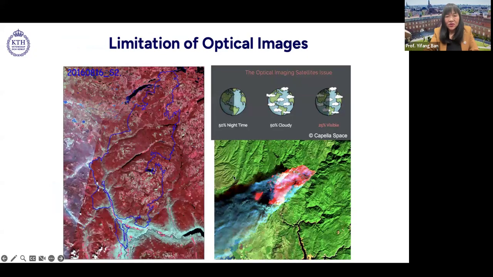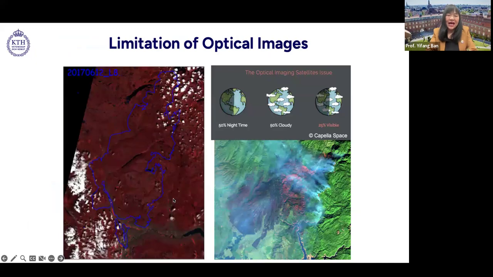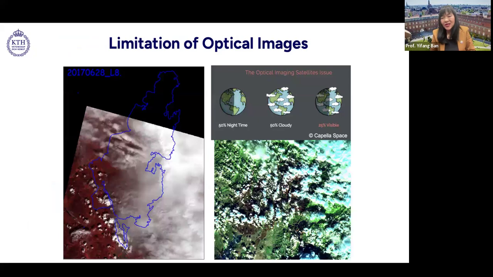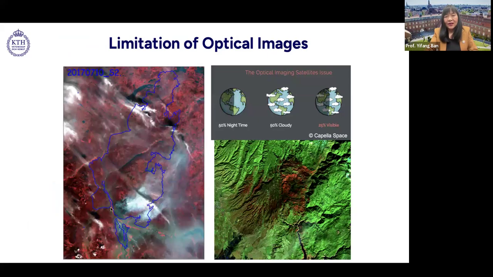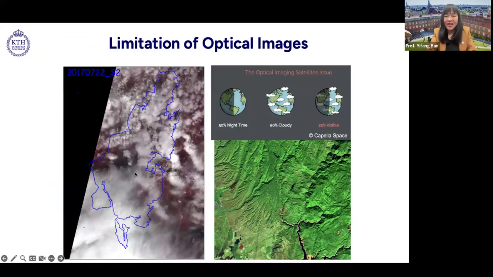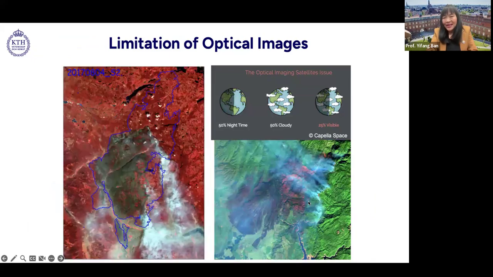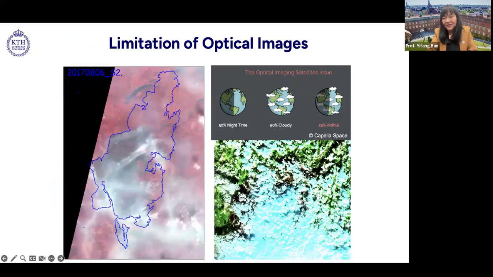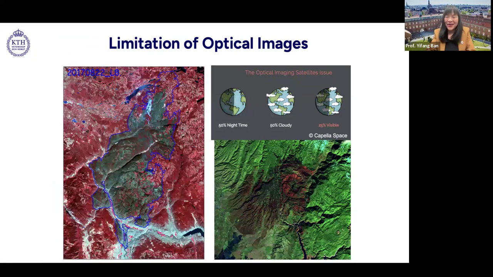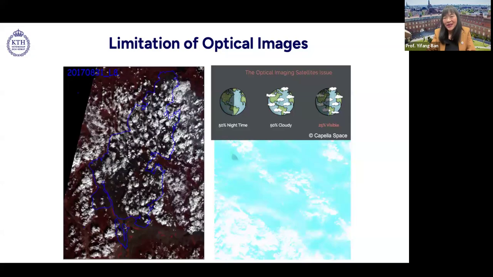I just want to show the usefulness of radar. Of course, with Landsat and Sentinel, burn areas are easily detectable, but unfortunately, you have a lot of clouds in boreal environments, Canada, Sweden. And on the right-hand side, you actually see a California fire. I actually thought California was sunny. I didn't realize they also have quite many cloudy days.